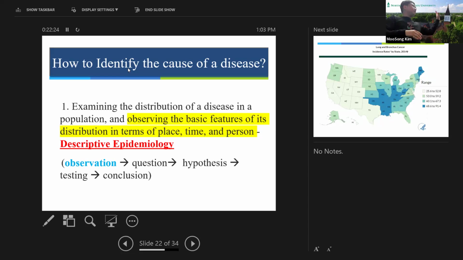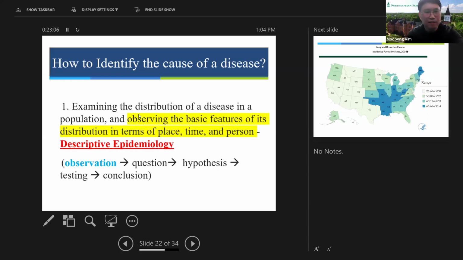There are five steps: observation, questions, setting a hypothesis, testing, and making a conclusion. The first step is to examine the distribution of disease in a population and observe the basic features of each distribution in terms of place, time, and persons. Using data, you need to understand the patterns and basic features.